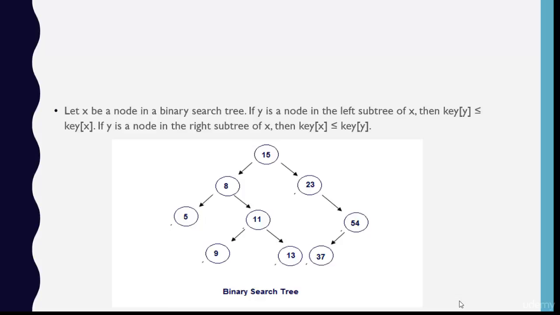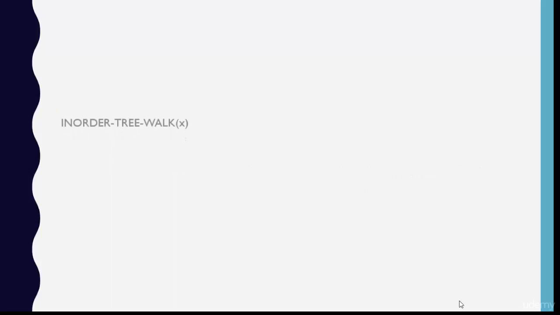The binary search tree property allows us to print out all the keys in a binary search tree in sorted order by a simple recursive algorithm, which is called an in-order tree walk. This algorithm is so named because the key of the root of a subtree is printed between the values in its left subtree and those in its right subtree.